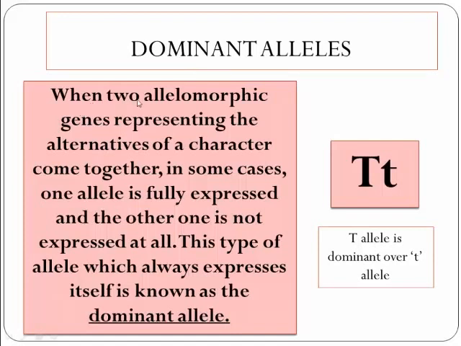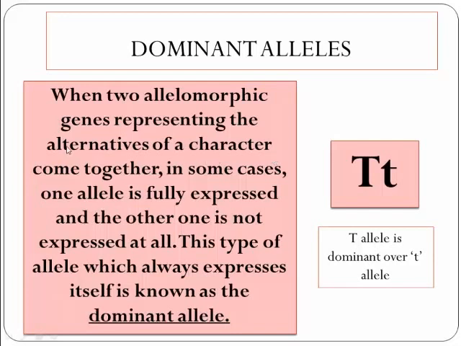When two allelomorphic genes representing the alternatives of a character, what are the alternatives of a character? Like if there is stem height, the alternative of the character is either the plant is tall or the plant is short.